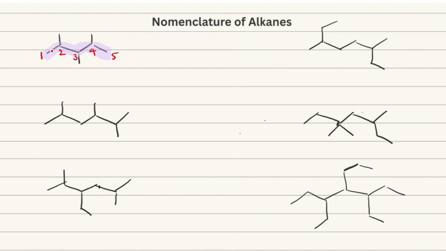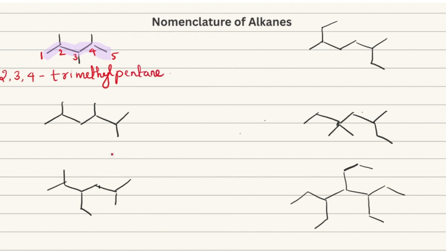If you start from here also, it's going to be the same. Therefore, what will be the name of this molecule? 2,3,4. Since there are 3 methyl, call it trimethyl. And in the longest chain, there are 5 carbons. Therefore, it's a pentane molecule.